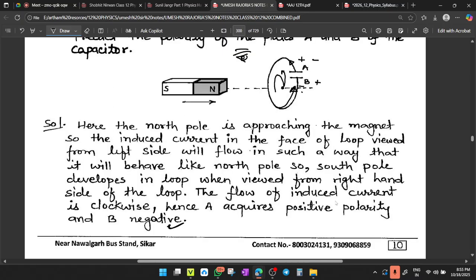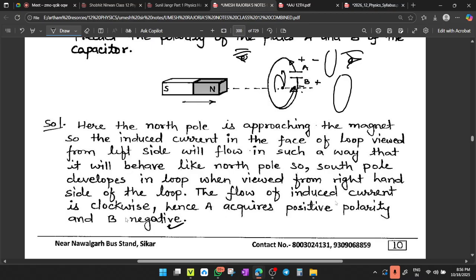Here the north pole is approaching the loop, so the induced current in the face of the loop, viewed from the left side, will flow in such a way that it behaves like a north pole. So a south pole is developed in the loop when viewed from the right hand side. This face will be north, and if you see from the other side, the behind one will be the south pole, but it is not possible to see it here because we only have to face the front one. Okay.